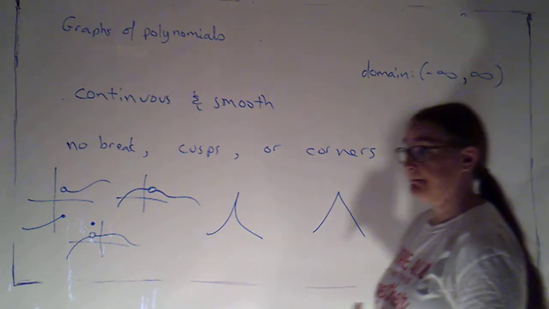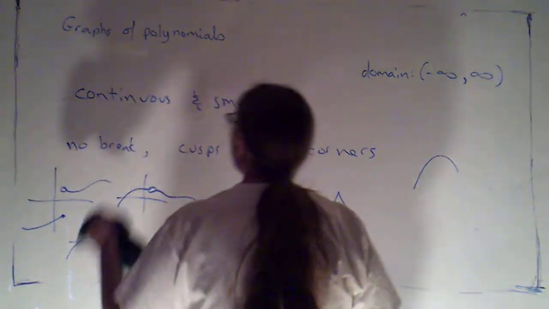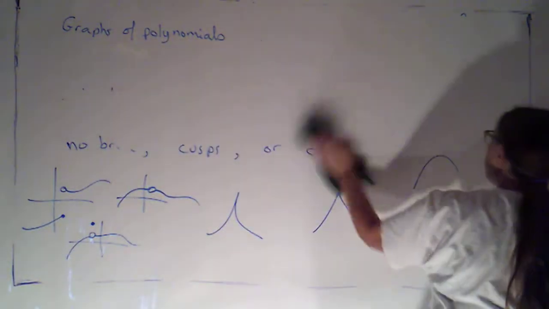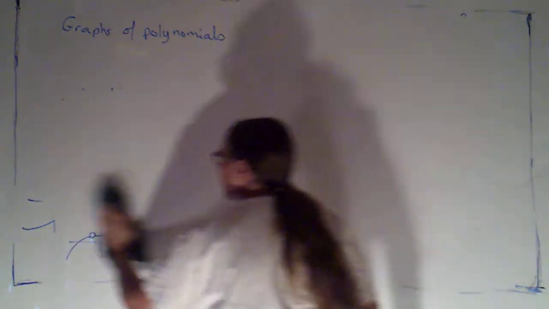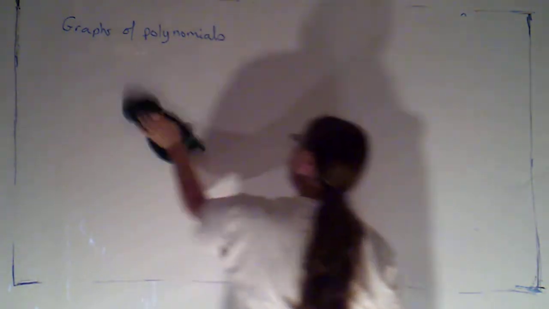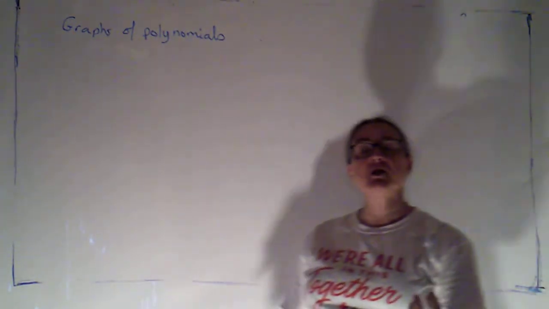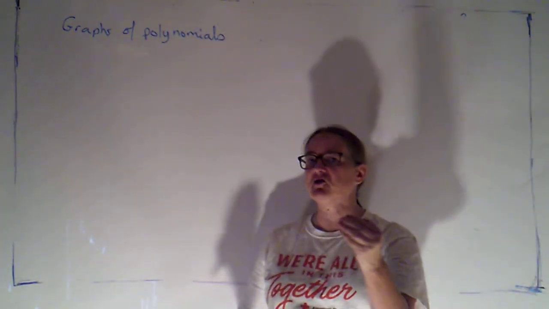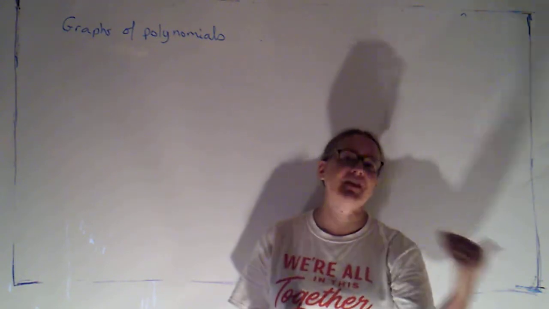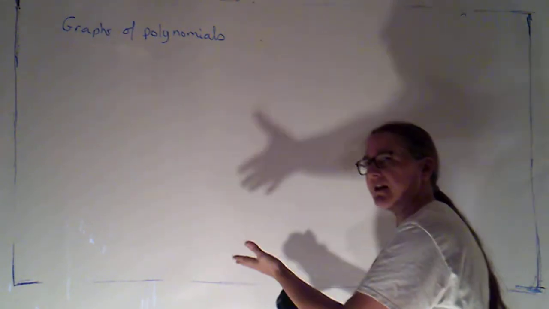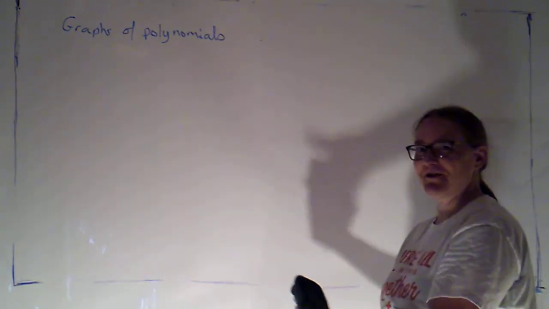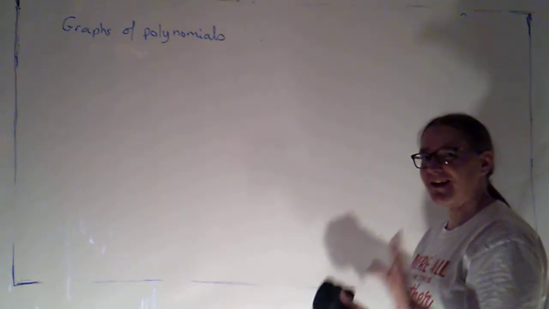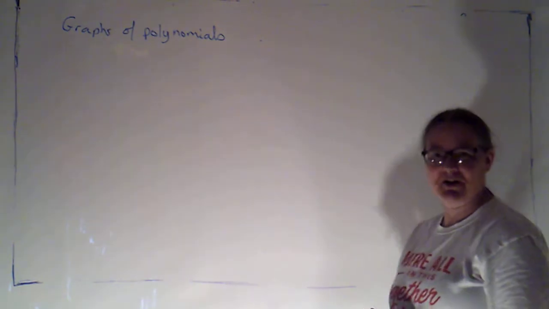That's going to be helpful because we're going to be trying to graph polynomials, and we're not going to get perfect graphs, but we're going to learn how to calculate certain key points and then play connect the dots. And when we connect the dots, we're not going to do it in such a way that we have any breaks or any corners or any cusps. We're going to have nice, smooth, continuous curves.